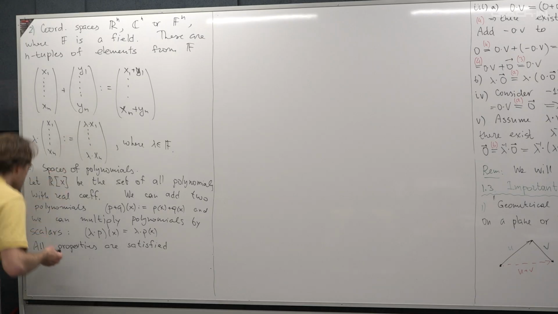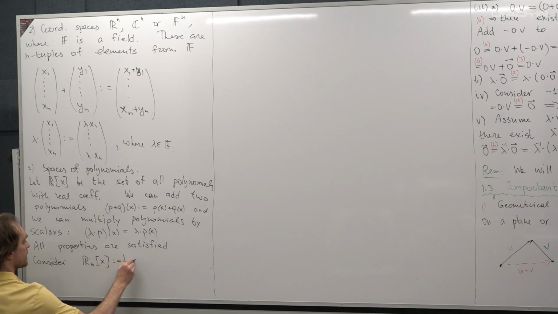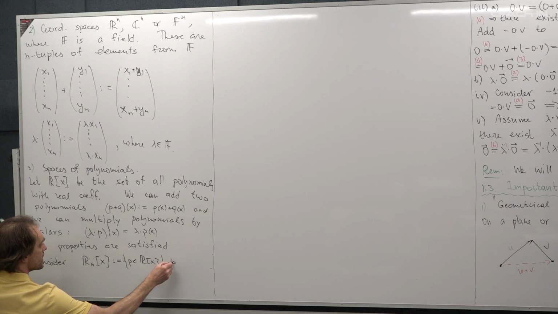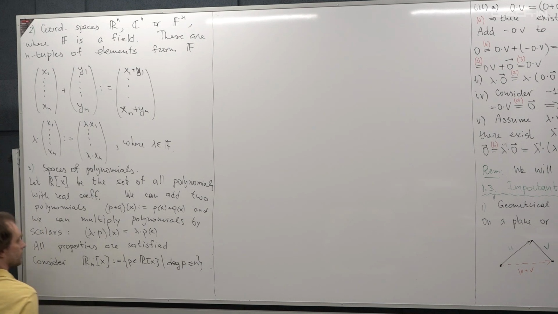So then consider the set of polynomials with degree not greater than n. So I will denote it like this. So this is the set of p from R of x such that the degree of p is less than or equal to n.